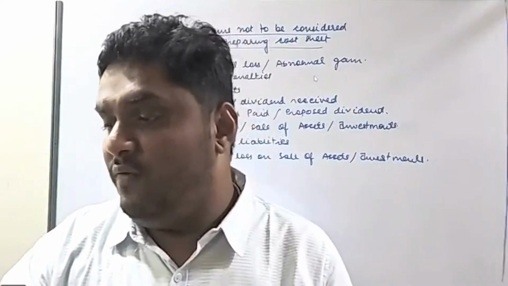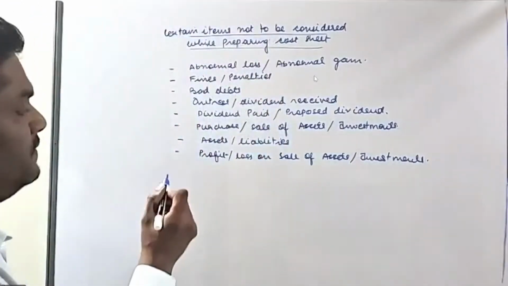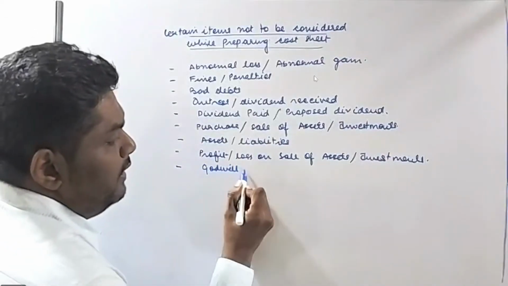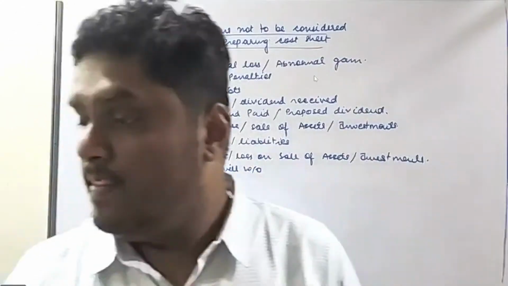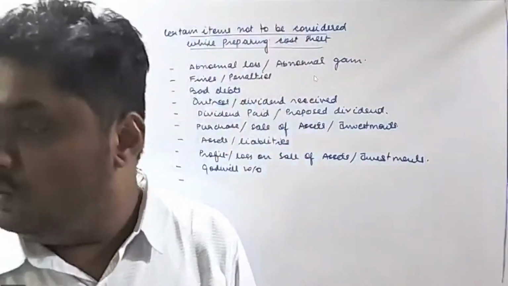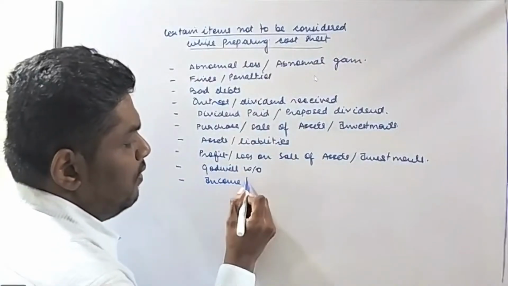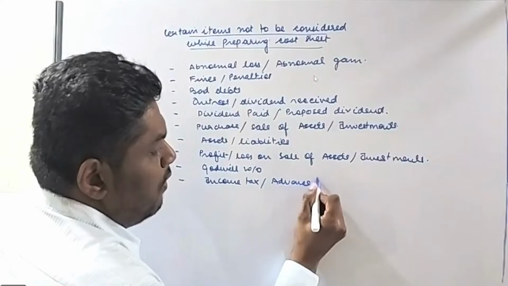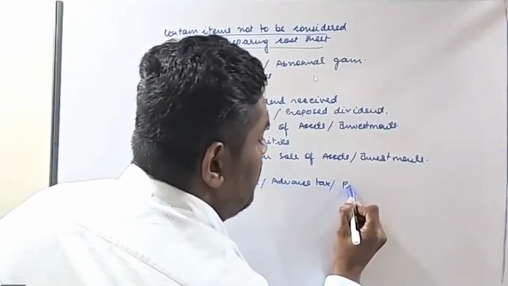Warehouse charges will form part of. So Rohan Sahu, very good. Goodwill written off. Very good, Tanu. Income tax or advance tax, or we can say provision for tax.